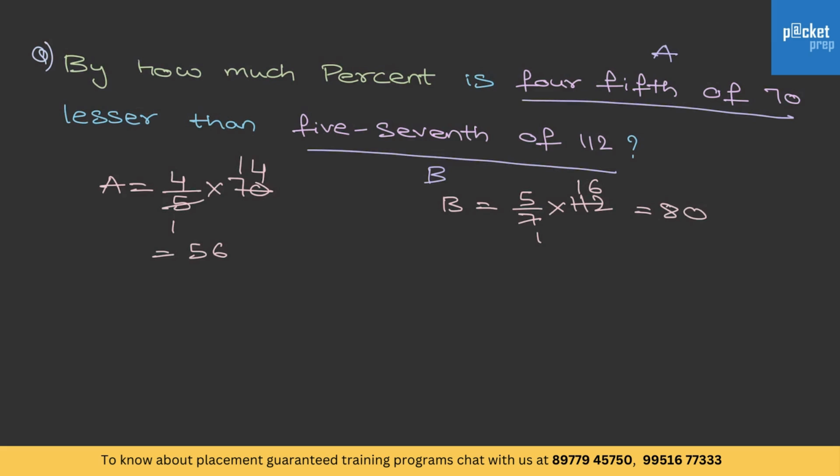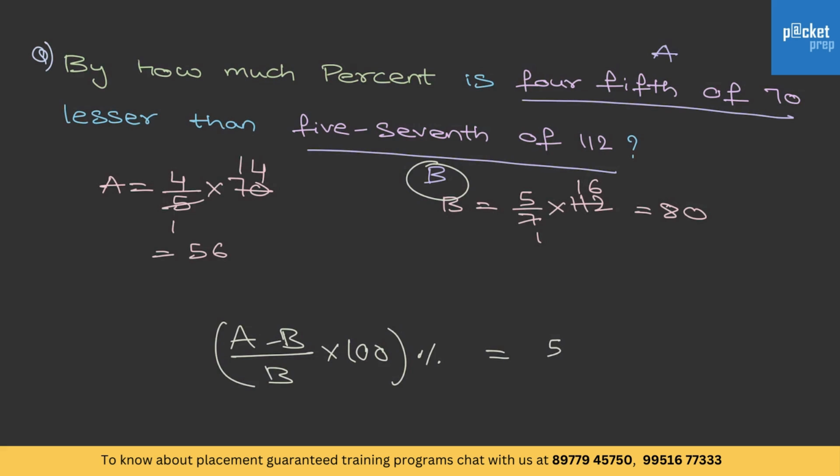So we got both a and b values, and we can substitute in the formula discussed earlier. Here it is being compared with b, so the denominator must be b and the numerator will be a minus b, into 100%. Let's substitute.